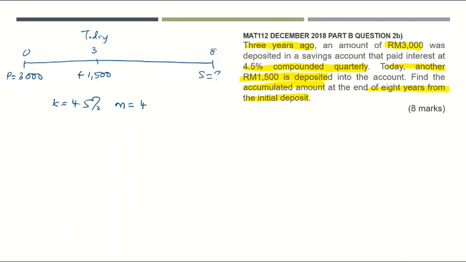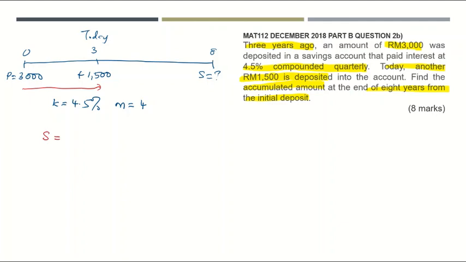This is the situation where you have compound interest and there exists an intervention in the middle. So what you need to do first is calculate whatever amount is needed at the intervention location. The intervention is today, at 3 years after the first initial deposit. So you need to find the value of 3000 after 3 years first.